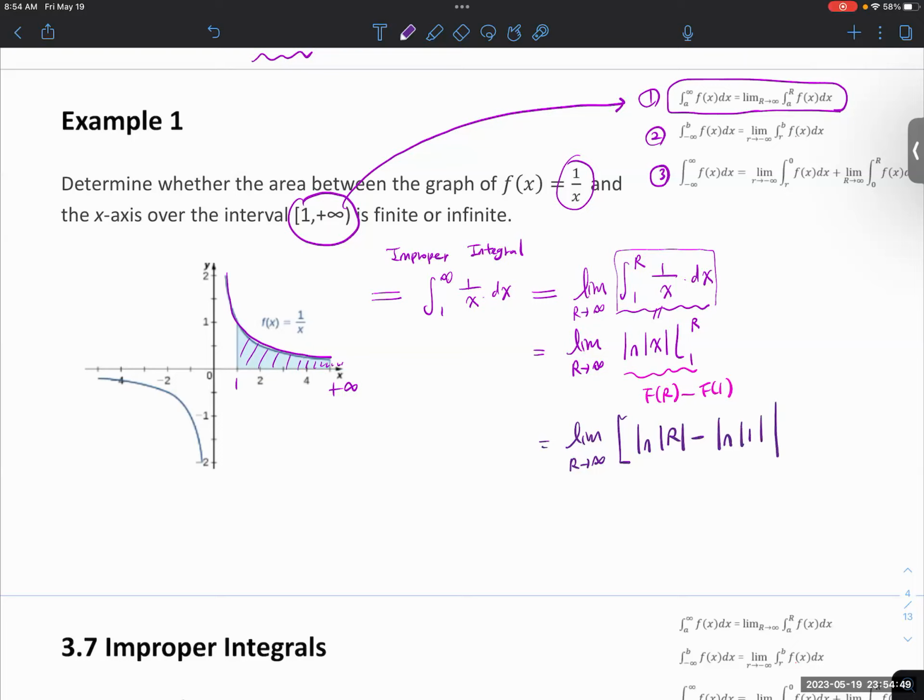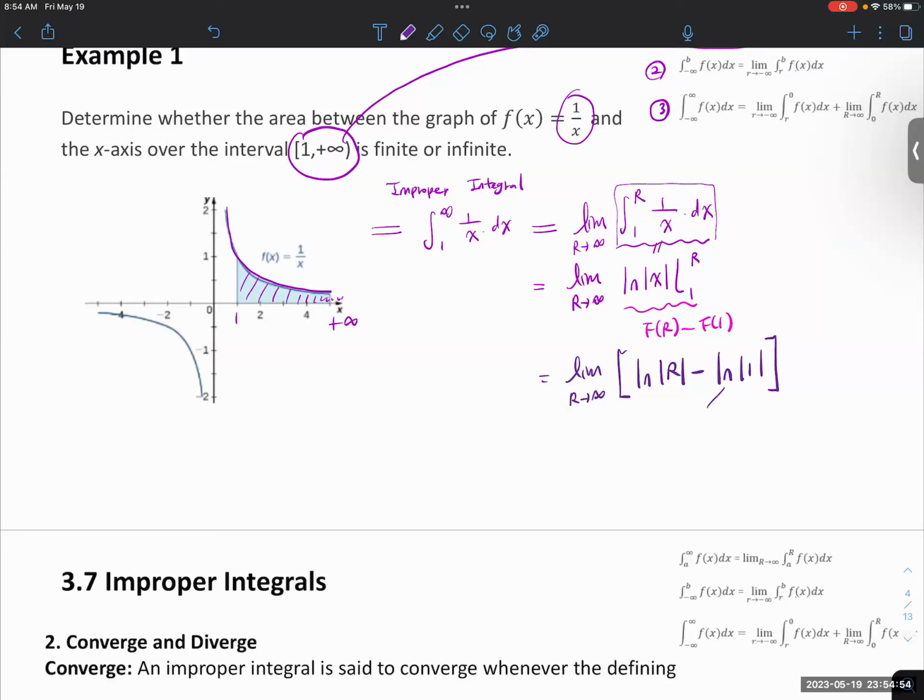Are we okay? So that's the bracket. And ln 1, we know, is going to be 0. So this means the limit as r approaches infinity of ln r. Okay, we got it.